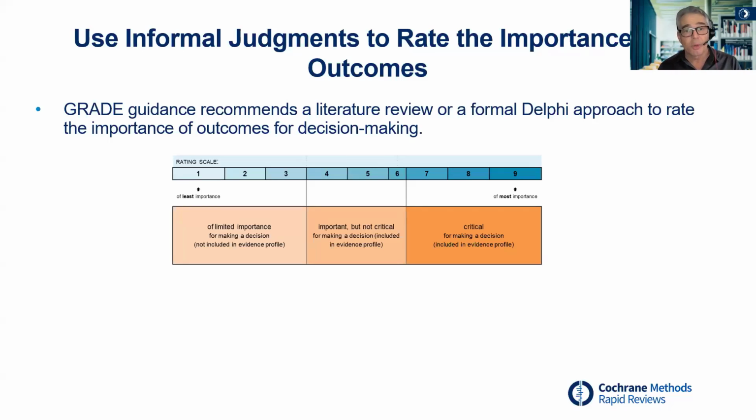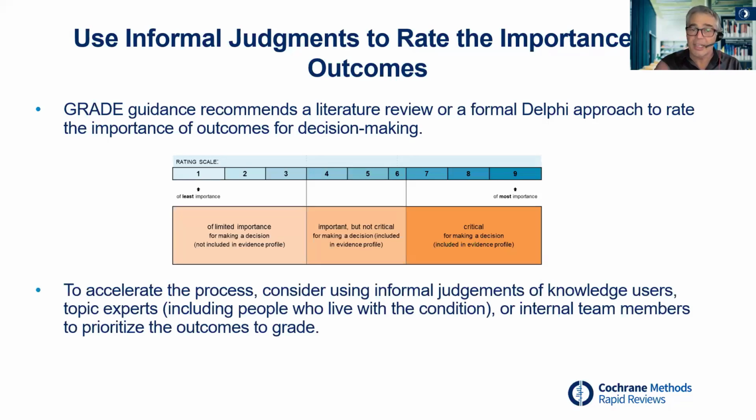For rating the importance of outcomes for decision-making, GRADE guidance recommends either a literature review or a formal Delphi approach. For example, knowledge users would rate the importance of outcomes on a Likert scale from 1 to 9, and outcomes rated as critical for decision-making would be graded. This approach works well, however, it is also really time-consuming.